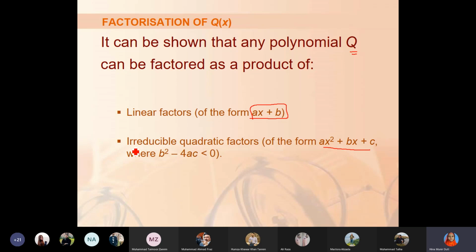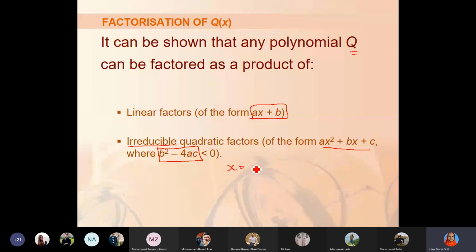And what do you mean by irreducible? Which cannot be factorized further. And how do you know that this quadratic function is irreducible? This is the discriminant, b square minus 4ac.